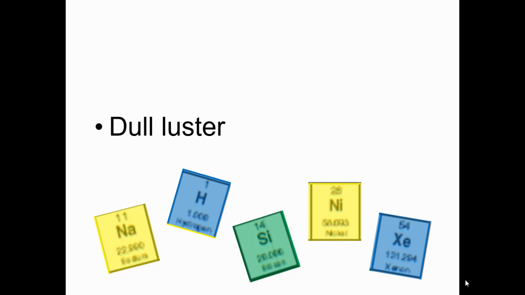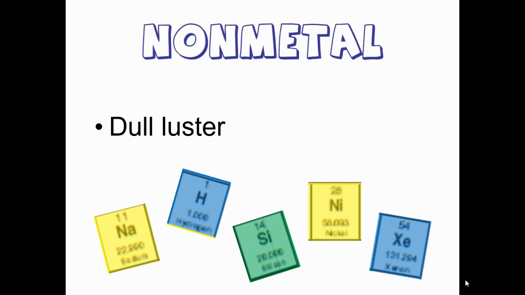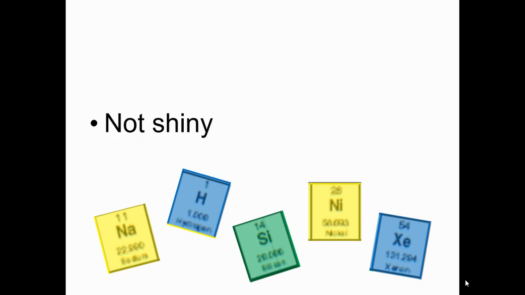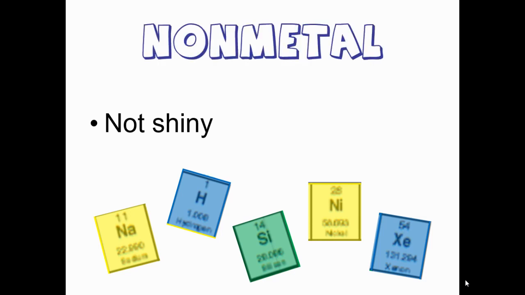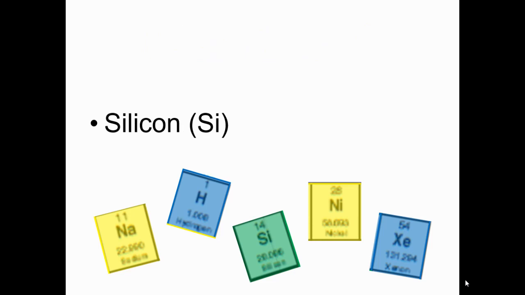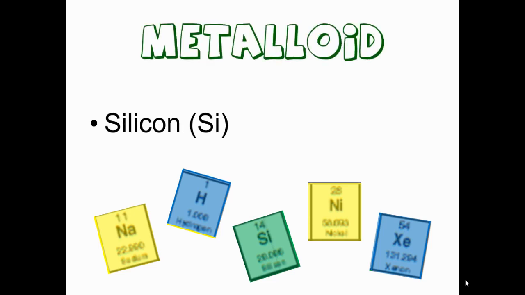An element with a dull luster is a nonmetal. An element that is not shiny is a nonmetal. Silicon is an example of a metalloid.